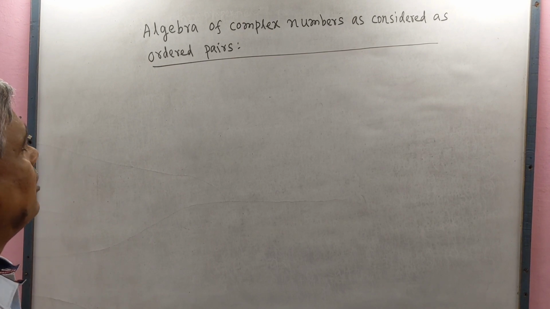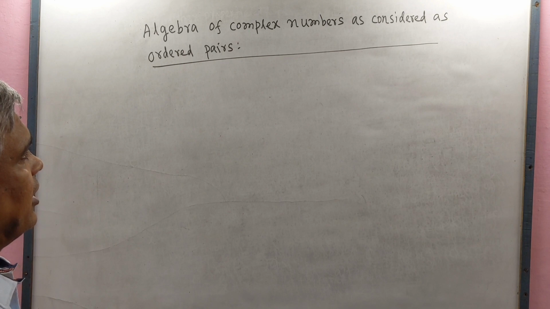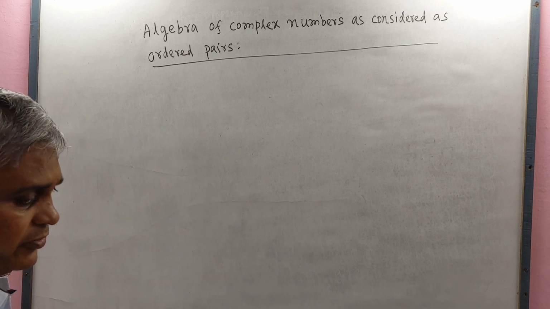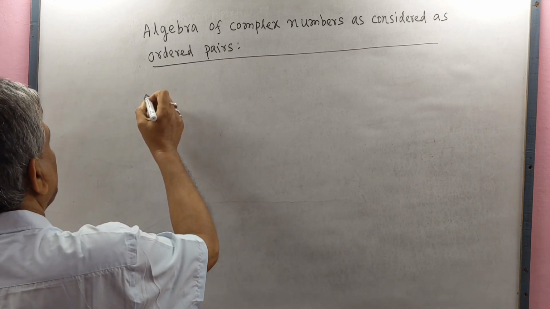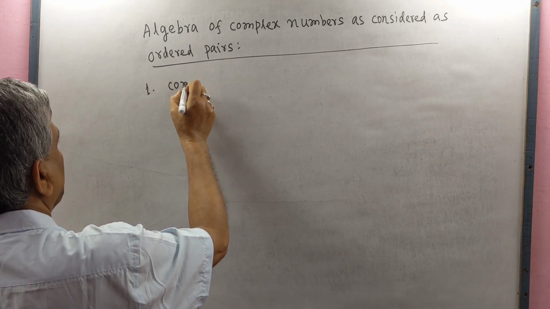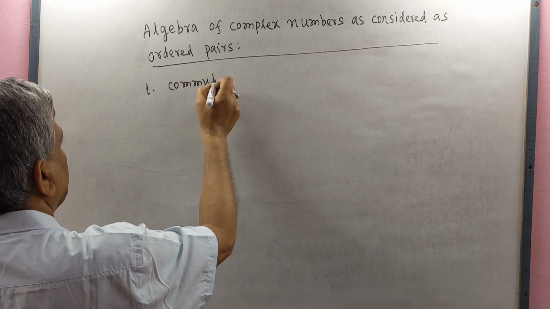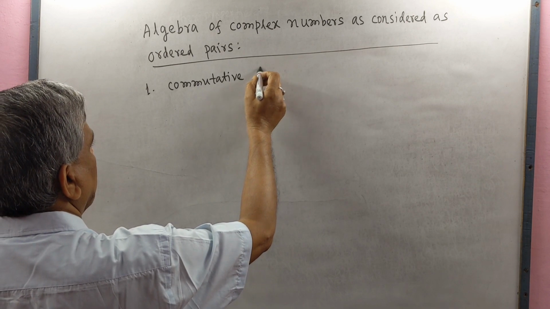Now we shall discuss the algebra of complex numbers as considered as ordered pairs. First is commutative law.